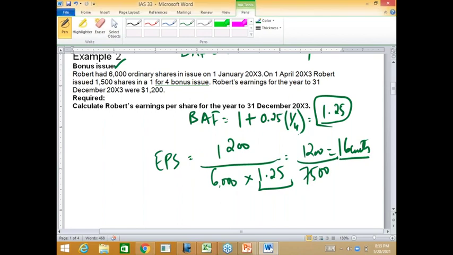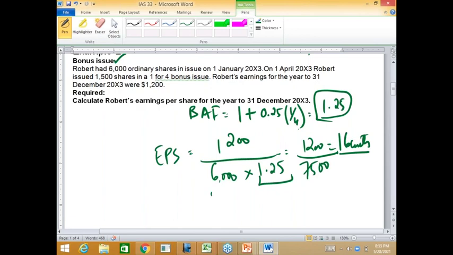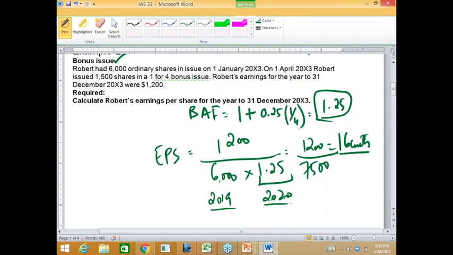In 2019 and 2020, the bonus shares were issued free of cost. That's why it will not affect the investment and the profits of the business, but it does affect the denominator of the EPS. So the EPS will go down because of the bonus shares.